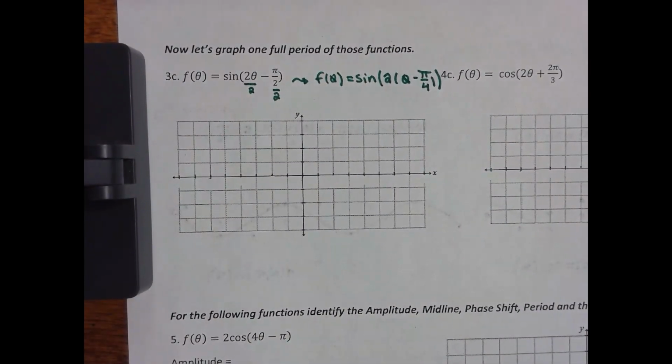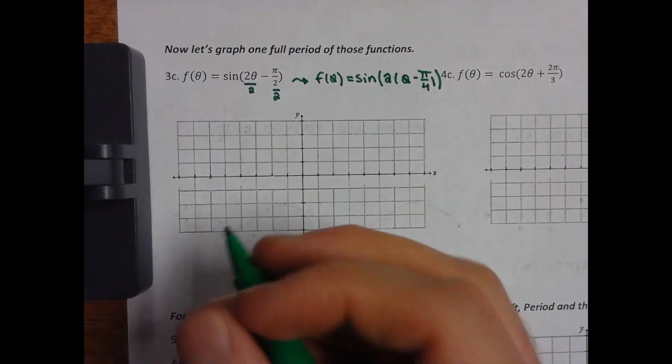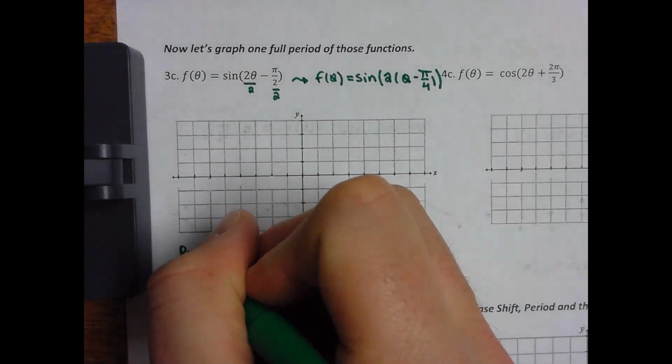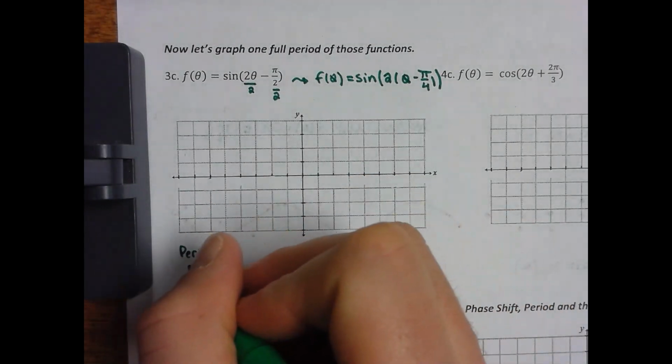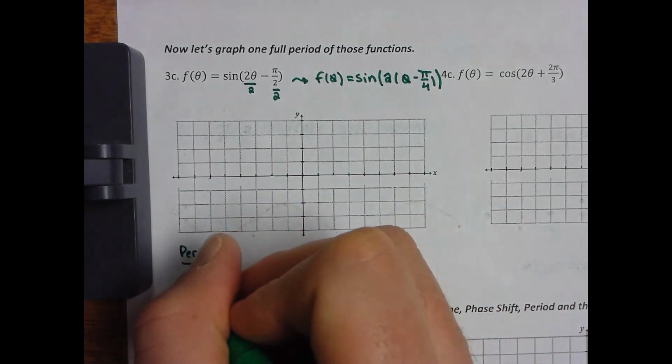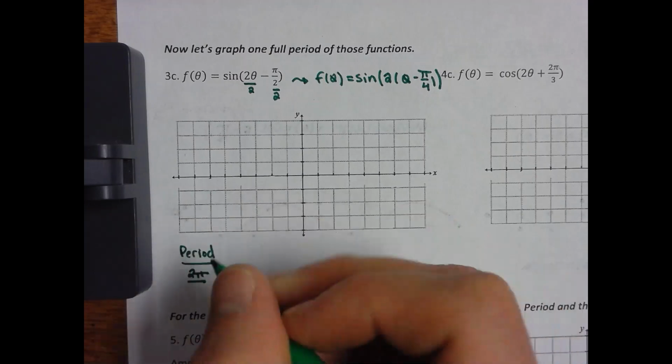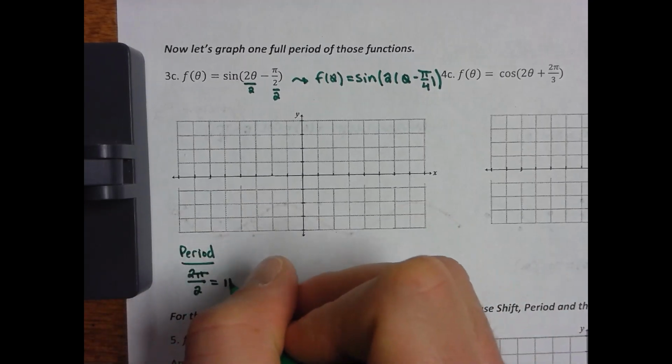All right, so here's kind of the main thing that we want to do here. So before we even do that, let's figure out what the period is. So period is 2 pi divided by b, where b is 2, so it's just pi.